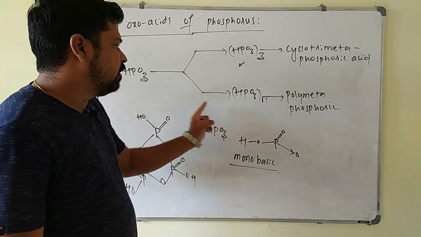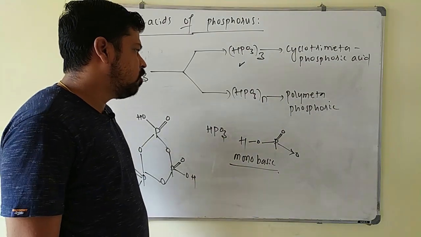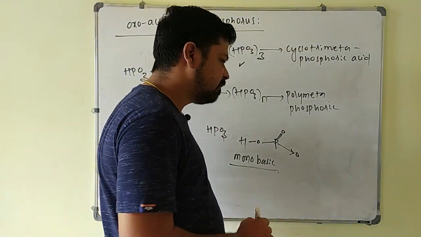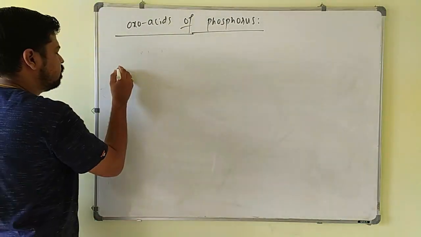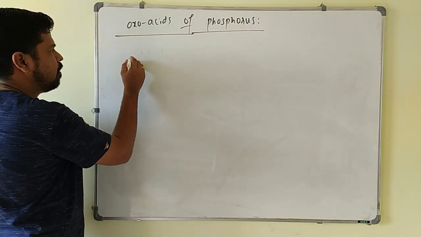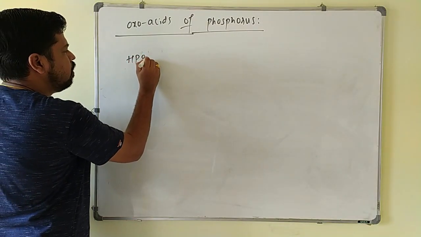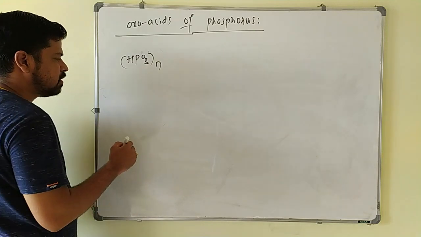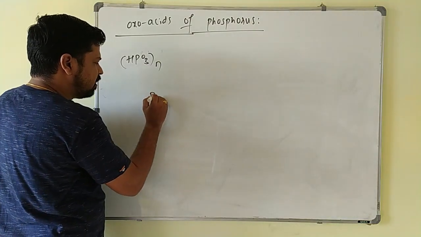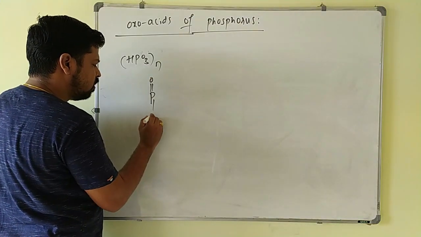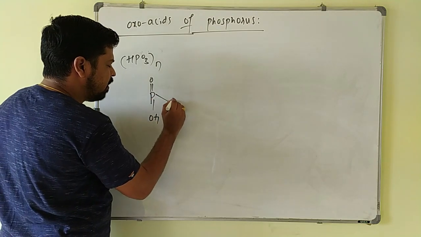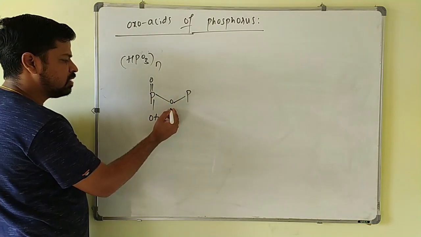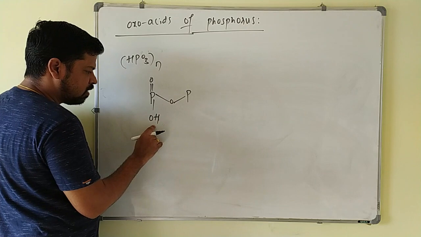Next, I will write the structure of polymetaphosphoric acid, that is HPO3 n times. For this one, you have to write like this: P double bond O, this is OH, and the remaining phosphorus atoms are connected by one oxygen. OH is written at the bottom.